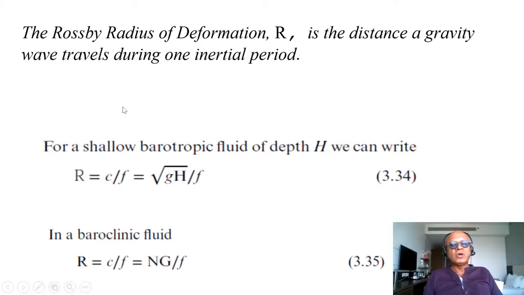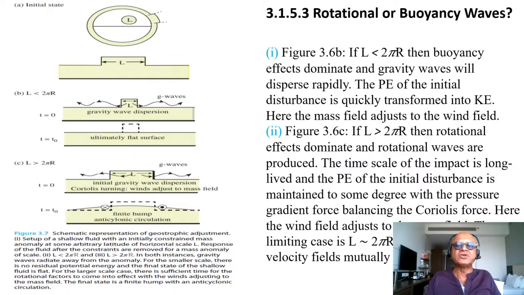But we will go into that much later on. For a shallow barotropic fluid of depth h, we wrote r as c over f, or square root gh over f, and in a baroclinic fluid we wrote it as Nh over f with the Brunt-Väisälä frequency and the scale height of the atmosphere.